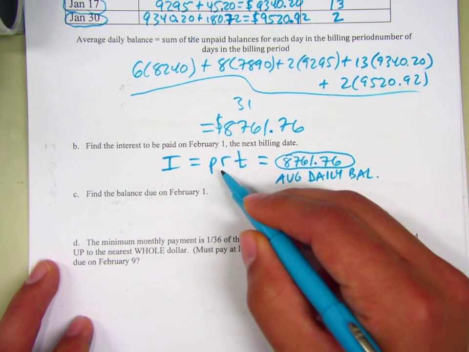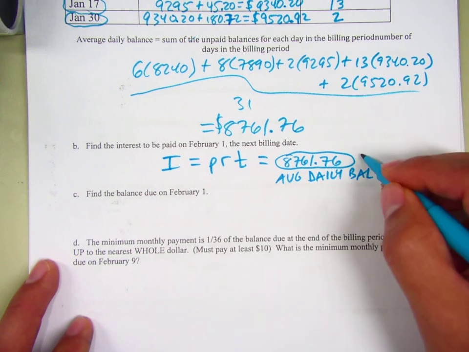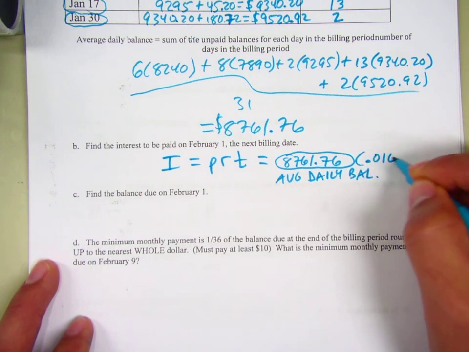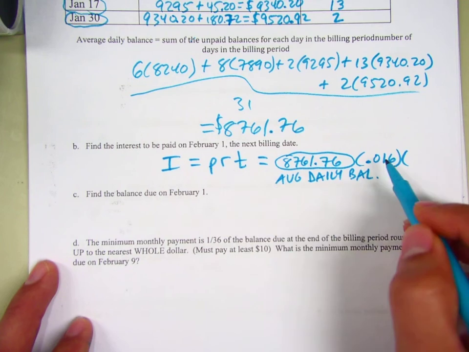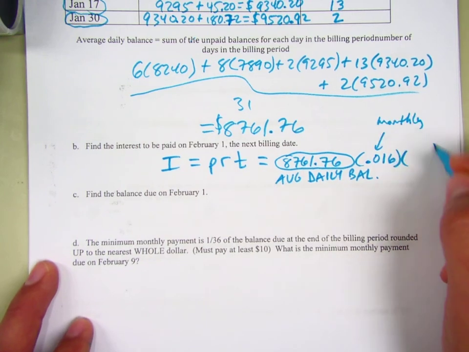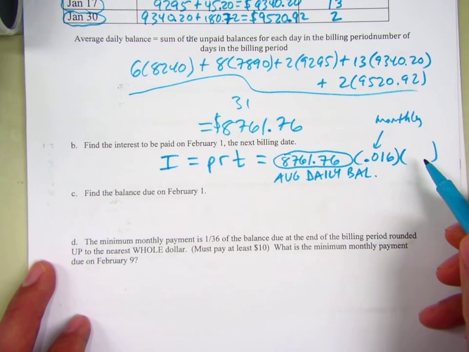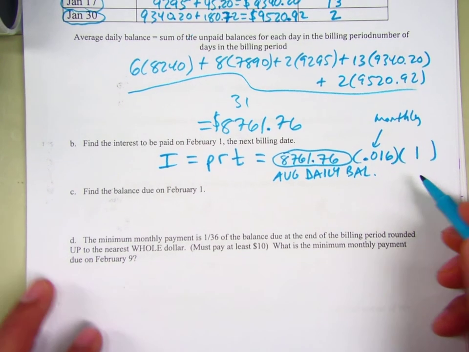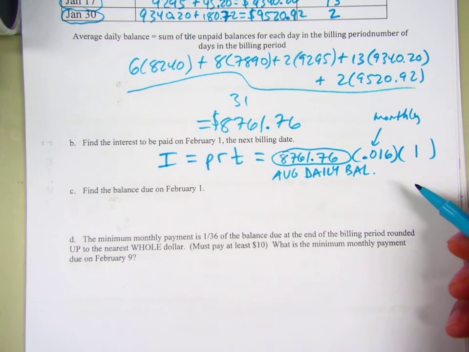Our rate is 1.6%, so that's 0.016. And since this is a monthly percentage, over here for time, we put the number of months that we're paying interest for. This is just going to be 1. It's always going to be 1 for these problems because we're only looking at interest for this first month. Okay?